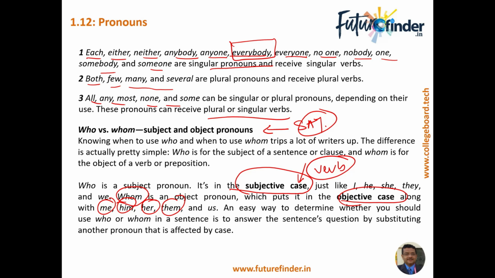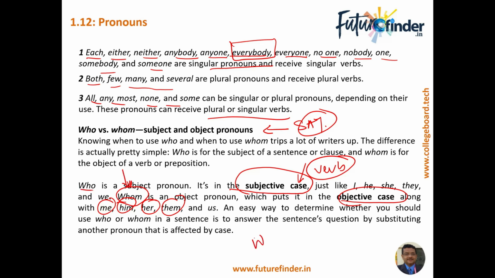Okay. So an easy way to determine whether you should use who or whom in a sentence is to answer the sentence's question by substituting another pronoun that is affected by the case. As simple as that, right? So you can use any other pronoun in place of whom and understand whether it will be who or whom.